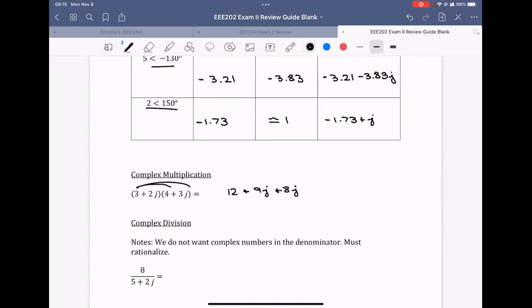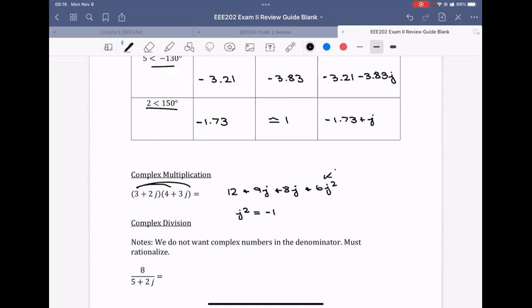And then this is the interesting part, and this is really cool: we'll have 2j times 3j, which is going to give us 6j squared. Now remember that j squared is actually equal to -1. So this is really 6 times -1, so it's a -6.